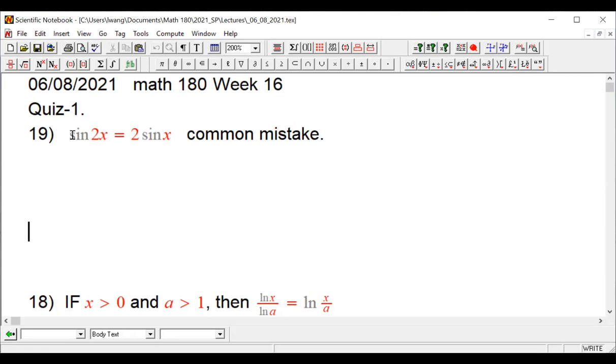But how come people make such a mistake? Because these mistakes are typically seen in a calculus class. That shows the severity of such a mistake. It shows the student doesn't know this fact.